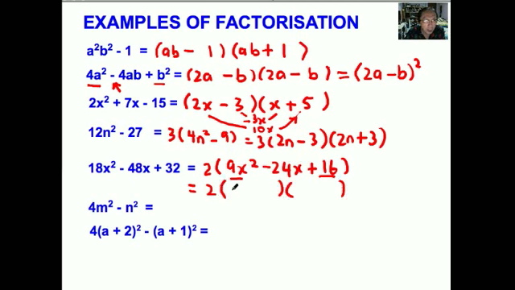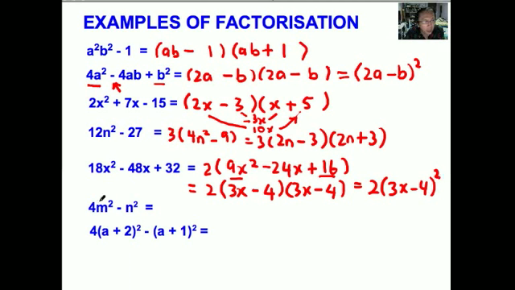Thus, we have the factors 3x times 3x to give us 9x squared in the first term, and 4 times 4 to give us the last term. Since the middle term is negative, both must be negative. Thus, we have the answer 2 times (3x minus 4) squared.